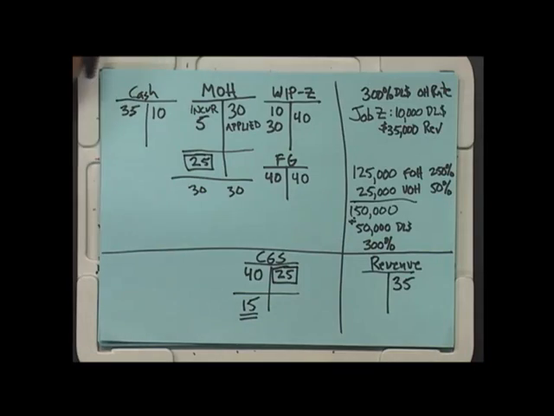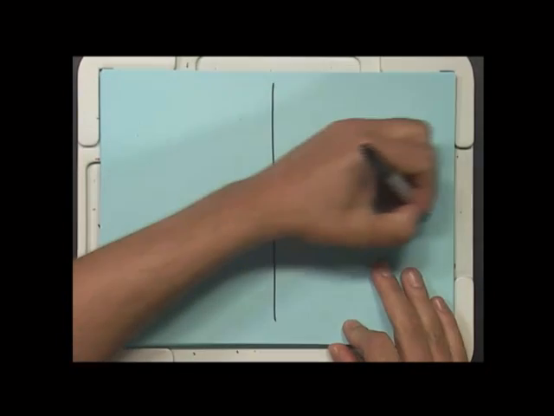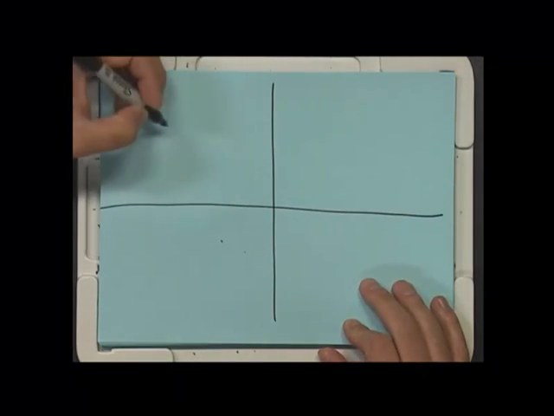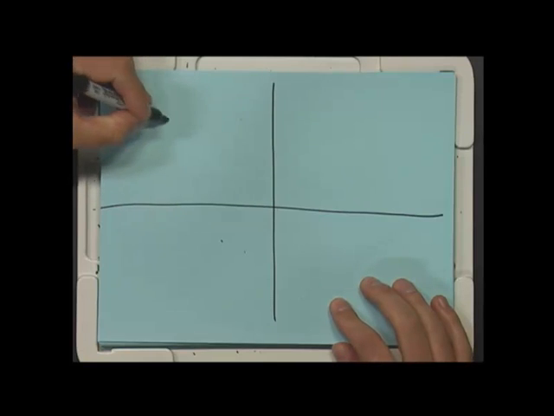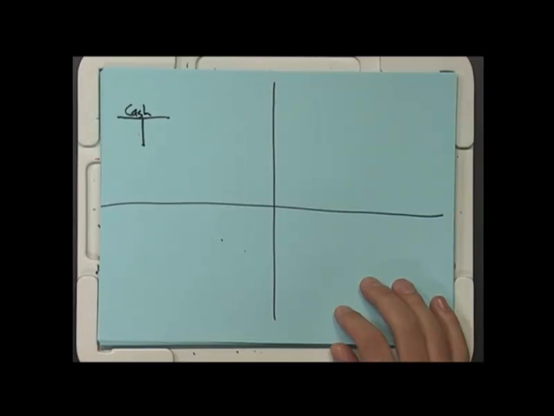Okay, so let's set up our Queen's Cross here. And I'm going to go ahead and make the very first entry, and we're just assuming for simplicity this is a cash business.